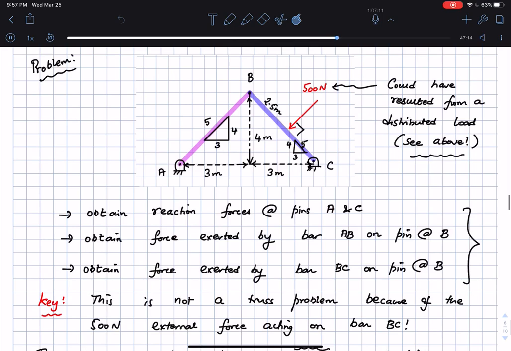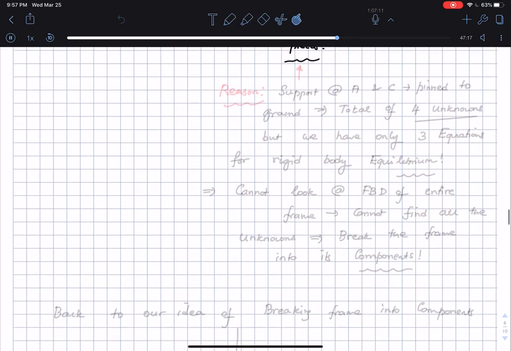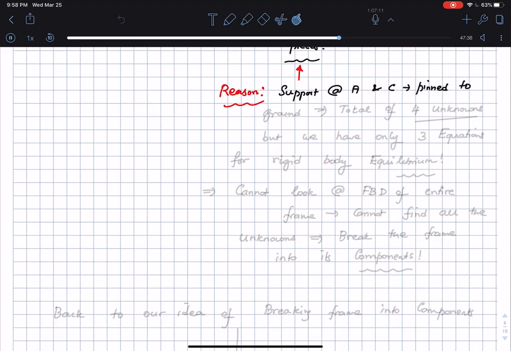Okay, so I want to specify that reason. The reason for this: look at the supports. So support at A and C are pinned to the ground, which implies that I have a total of 4 unknowns.